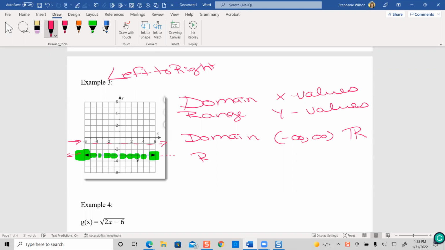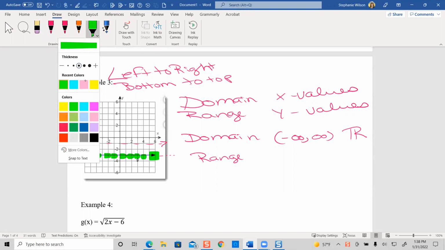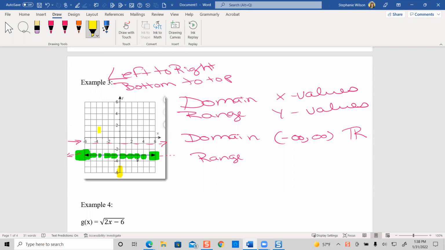Now let's look at the range. Whenever we look at the range, we always read bottom to top. If y'all notice, we're always starting with the smaller numbers and working our way up to the larger. So our range is going to start right here. I'm going to go up to where I hit the line, and I notice it hits right here at 3.